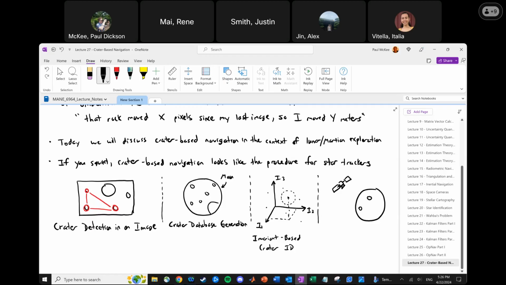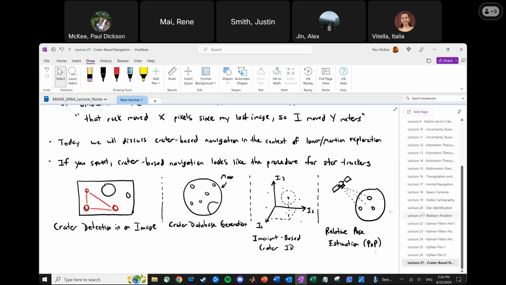There we go. Crater here. Let's start with the craters and then go to the spacecraft. That's better. Finally, you've got relative pose estimation, which is known as the perspective-n-point problem, or PNP. That's where we're going to be spending the bulk of our time today.